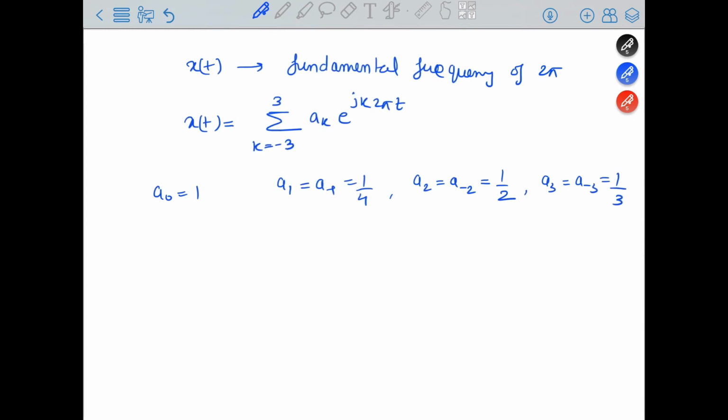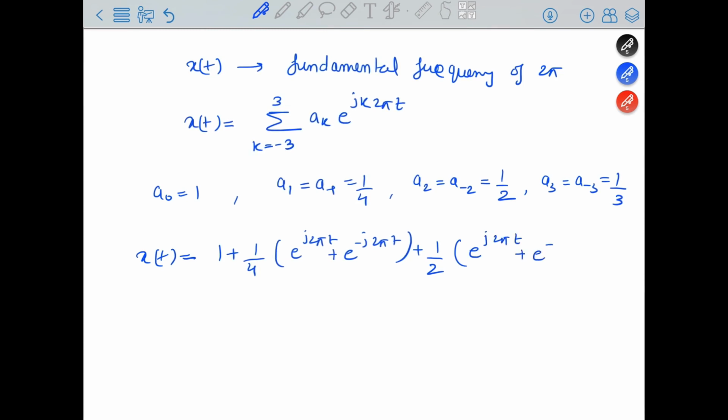So we have taken some values of the coefficients, and when we write x(t), it is 1 plus 1 by 4 times e raised to the power j 2 pi t plus e raised to the power minus j 2 pi t. Similarly, we can write the other terms: 1 by 2 times e raised to the power j 4 pi t plus e raised to the power minus j 4 pi t, and similarly 1 by 3 times e raised to the power j 6 pi t plus e raised to the power minus j 6 pi t.